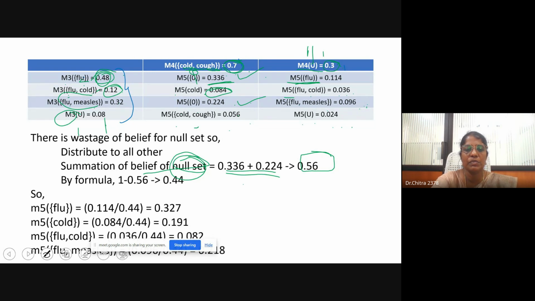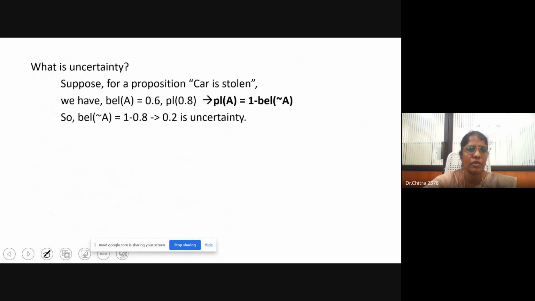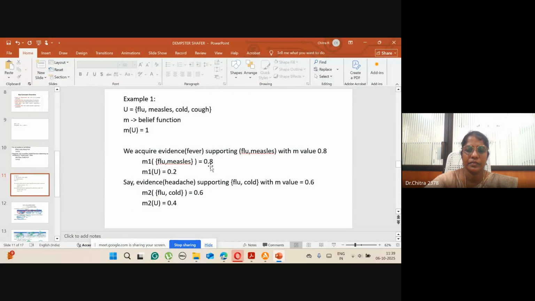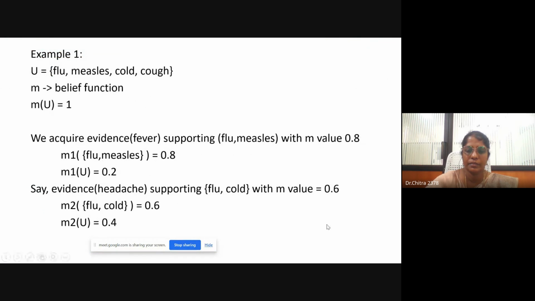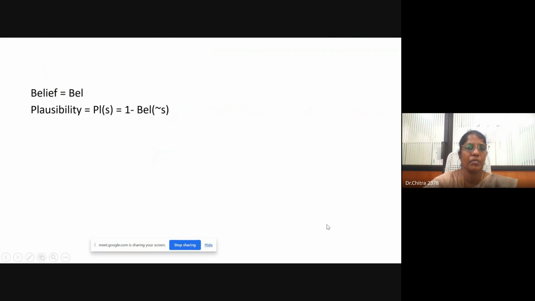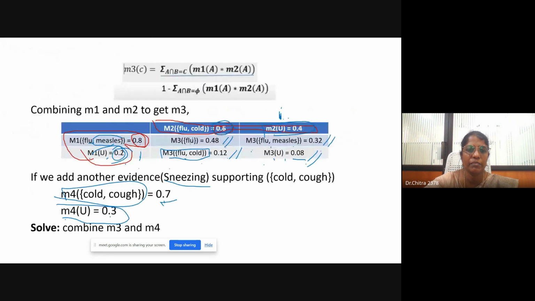By using this formula, we can calculate this. This is the formula for belief and plausibility. We have calculated the belief.